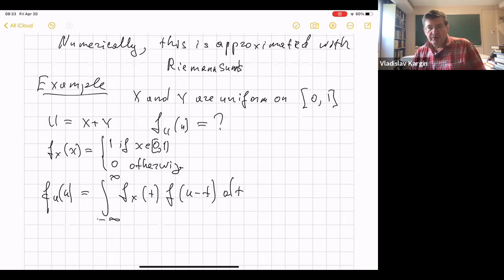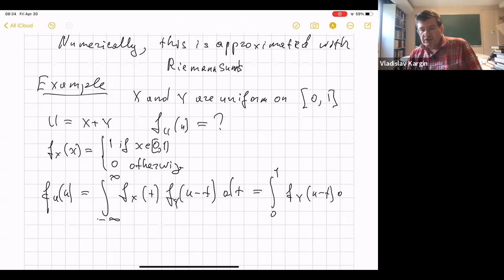First of all, we can immediately notice that f of x of t is equal to 0 if t is outside 0 and 1. So we can write it a little bit simpler: this is equal to the integral from 0 to 1, and on 0 to 1, f of x of t is equal to 1. So it's equal to the integral from 0 to 1 of f of y of u minus t dt.